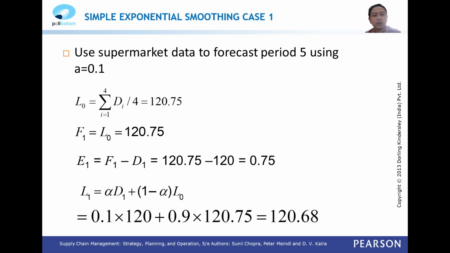After that, we can calculate the new level value in time period 1 using the constant value 0.1. We use the formula: level in period 1 is equal to alpha multiplied by demand in period 1 plus 1 minus alpha multiplied by level in period 0. Then the result is 120.68.